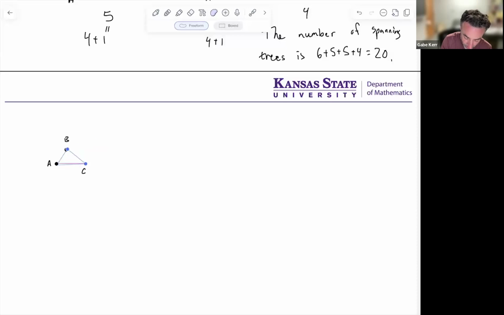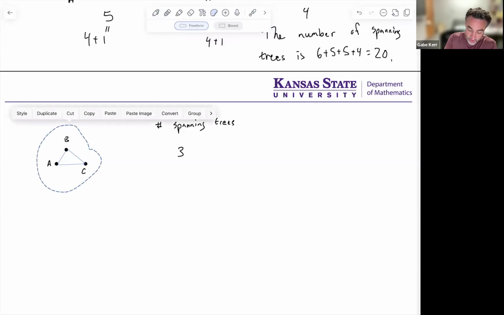Okay, so here's an example that's pretty good. So in this example, what is the number of spanning trees? Well, the number of spanning trees here is 3. And we can see that because we just need to remove any one of the 3 edges. So number of spanning trees is 3.